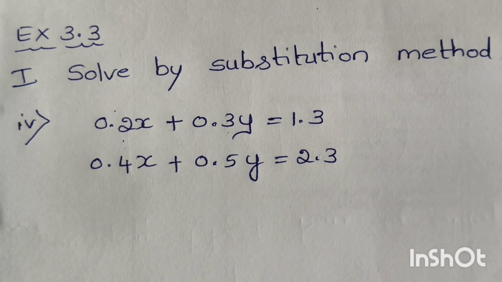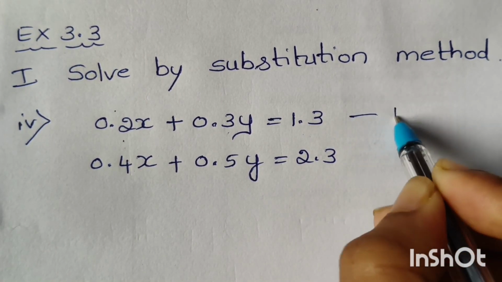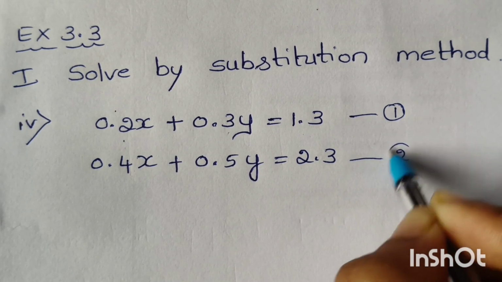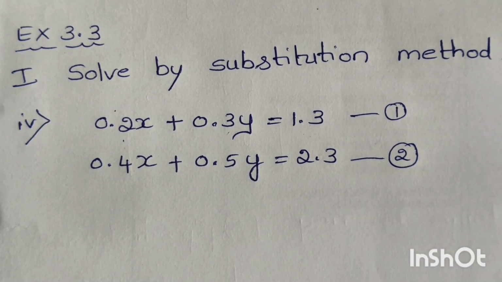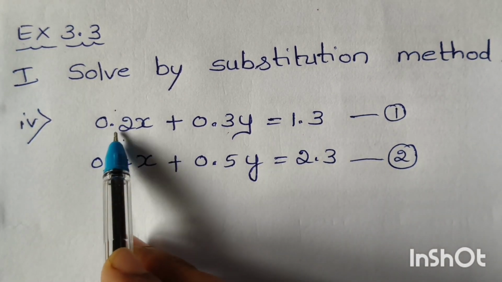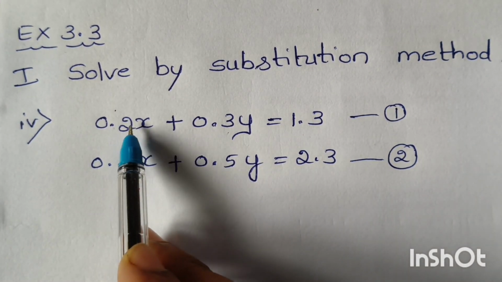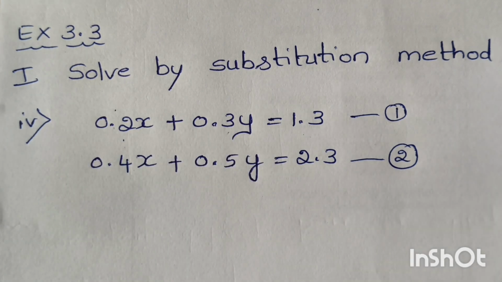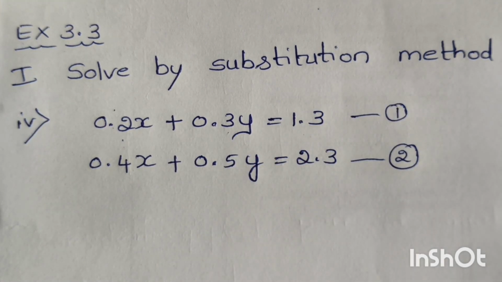To make the calculation easier, we will multiply both equation 1 and equation 2 by 10. Now tell me why we have to multiply it by 10. Look at the problem. After one digit we have a decimal point. Therefore we are multiplying it by 10.